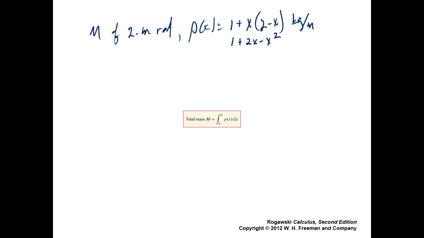Not halfway, that would be 1. We already did that. So if it's 1 plus 1/2 times 2 minus 1/2, that would be 1 1/2, or 1.5. So that would be 0.5 times 1.5 would be 1.25.